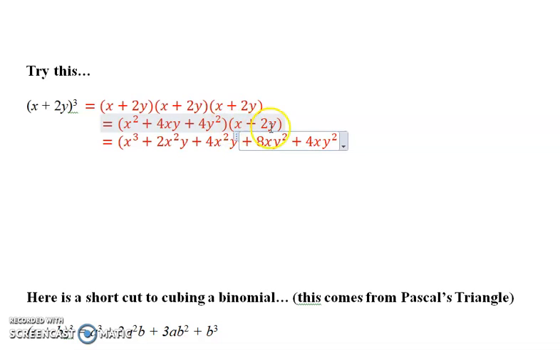And then the 4y squared multiplied by the 2y, and we get 8y cubed.